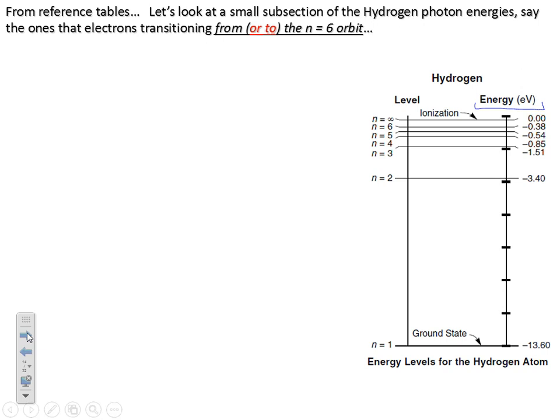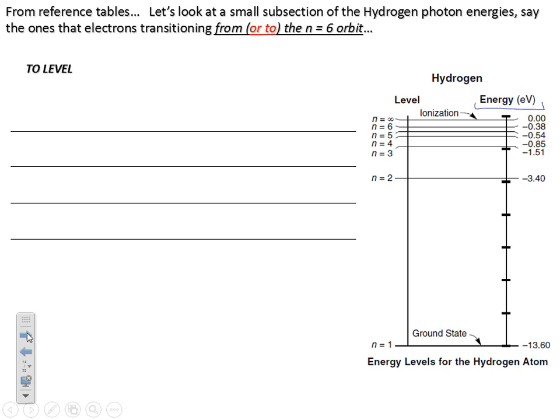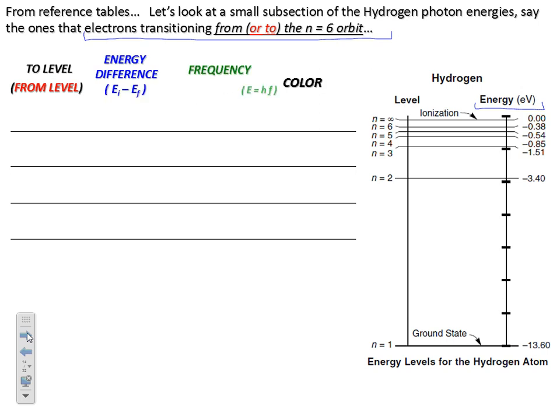And if we look at a few transitions, or a few states, let's just choose arbitrarily, let's look at electrons that either transfer from or to the n equals 6 energy state, or n equals 6 orbit. Now, from n equals 6, the electron could go to any of these other states.